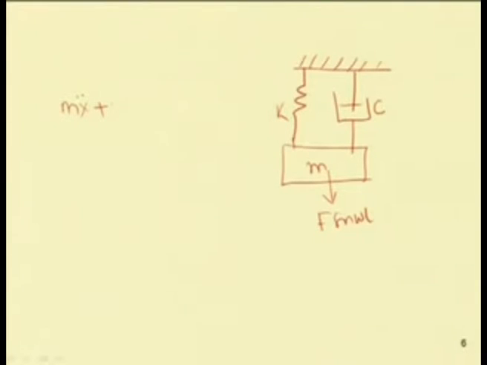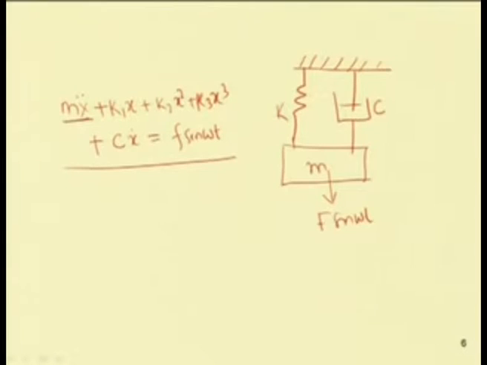In that case I can write this equal to k1 x plus k2 x square plus k3 x cube, then plus c x dot, which will be equal to the external force, that is F sin omega t. So, m x double dot is the inertia force, these 3 terms are the spring force, and this is the damping force, which is equal to the external force.